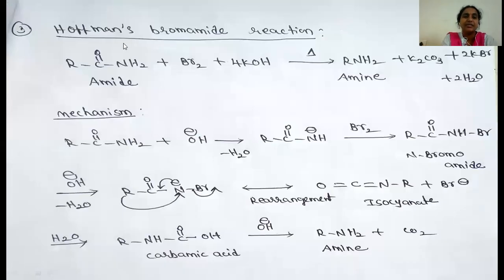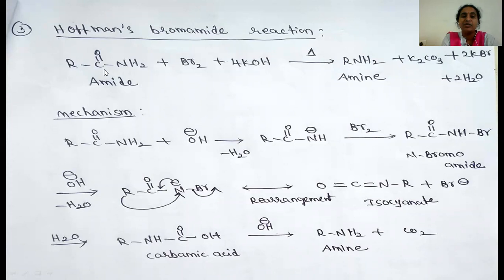Next, the third preparation is the Hofmann bromamide reaction. In this reaction, the starting reactant is amide. Amide is nothing but C double bond O NH2. This linkage is called amide. This amide reacts with bromine in the presence of 4 moles of base, which produces the amine.